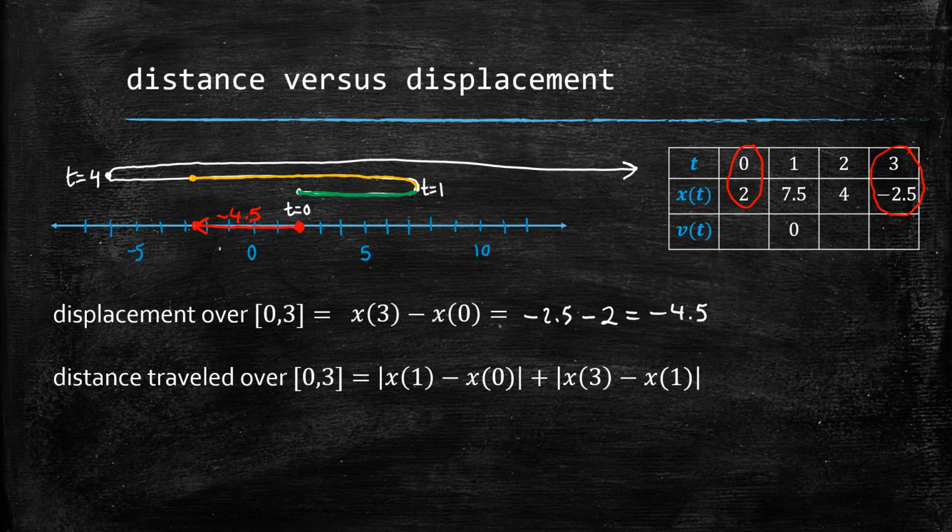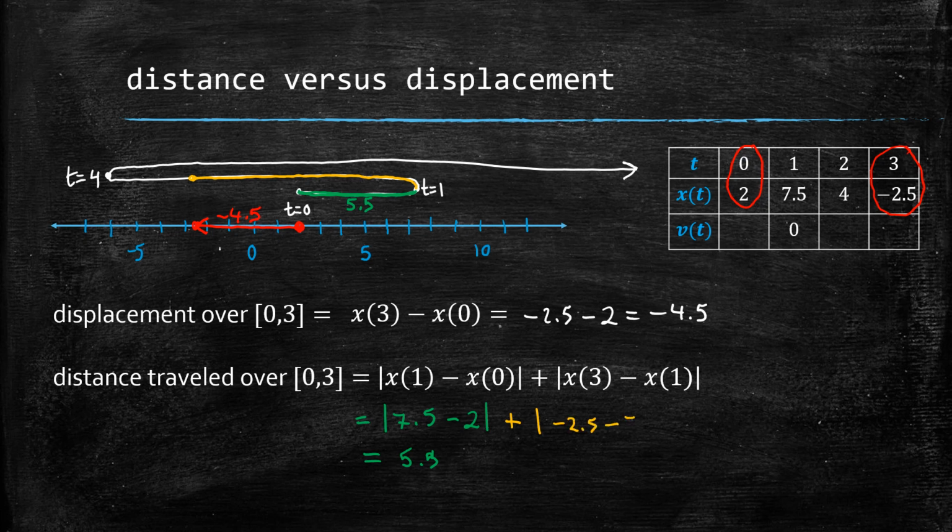So if we take these, x of 1, at 1 second it's at 7.5, and at 0 seconds it was at 2, and the absolute value of 5.5 is just 5.5. So it travels 5.5 units to the right, and then on the return journey, its position at 3 seconds is negative 2.5.